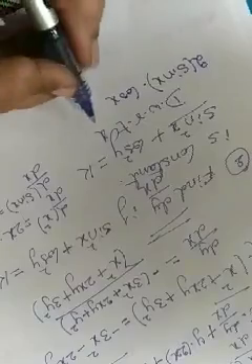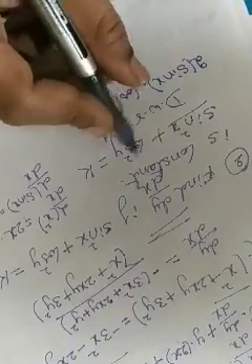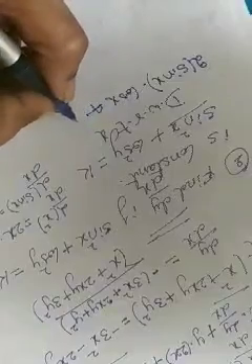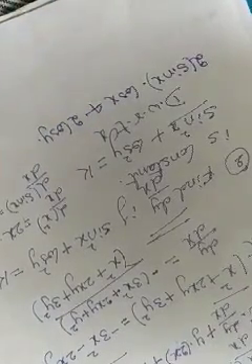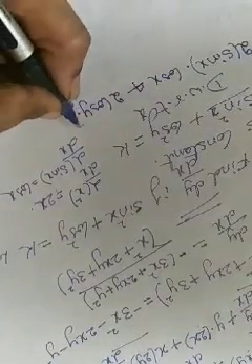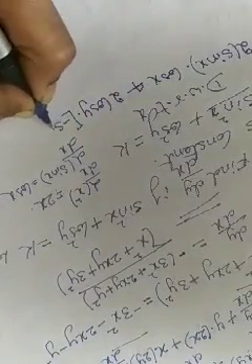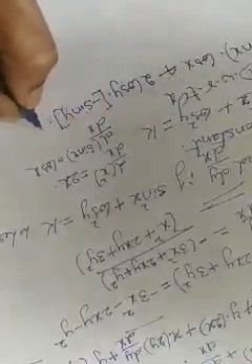Sin x derivative is cos x. Plus, again assume the question as x square, x square derivative is 2 cos y. What is a cos y derivative? Minus sin y.